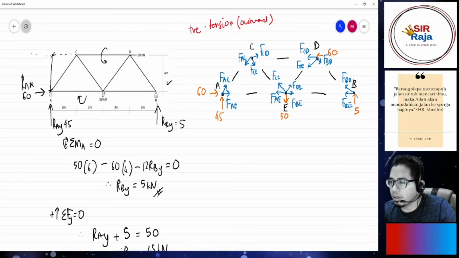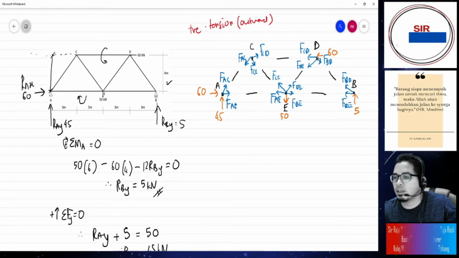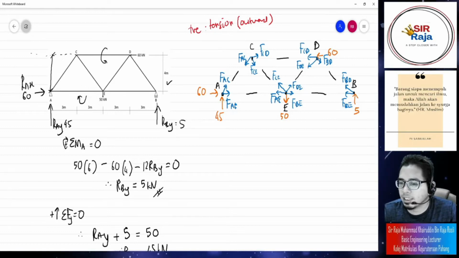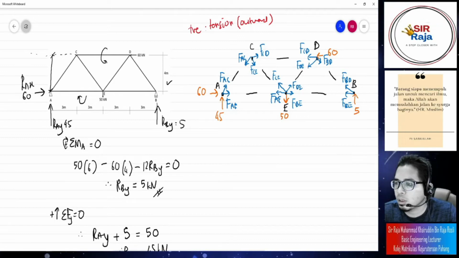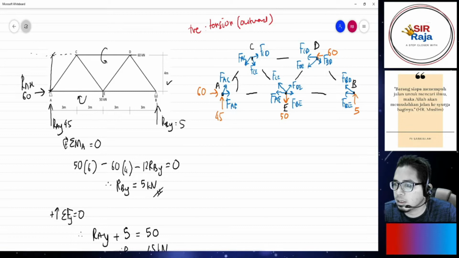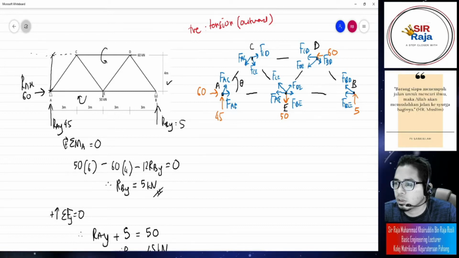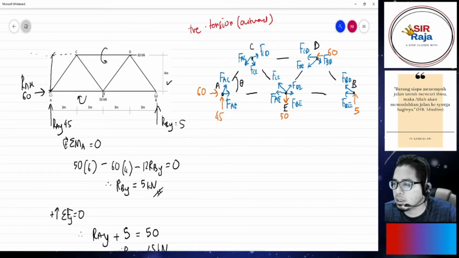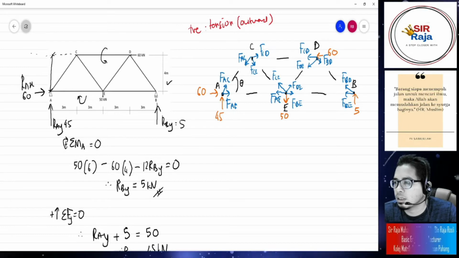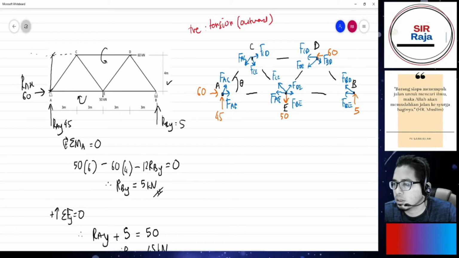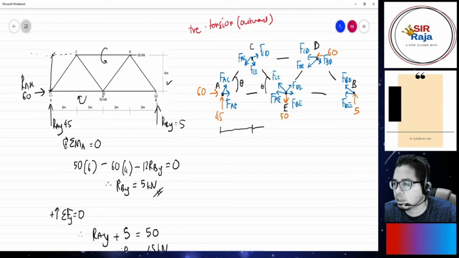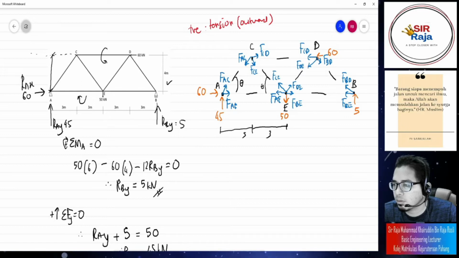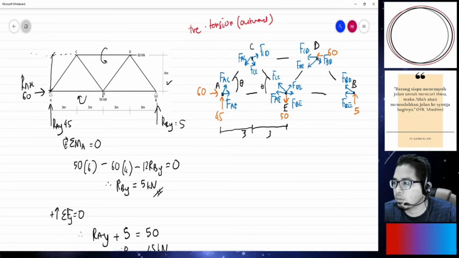Alright, so next, before we begin anything, we want to find out the angle here. This angle, as you can see, will be the same as this one as well. Why? Because the distance is 3 here and 3 here, with the height of 4.